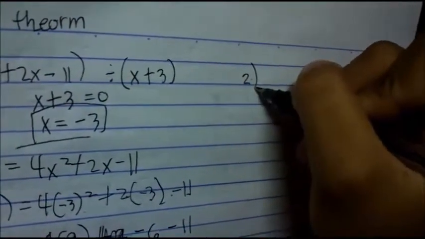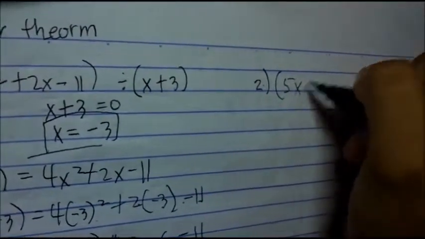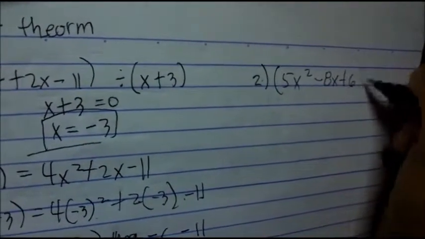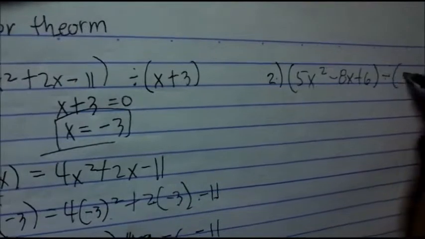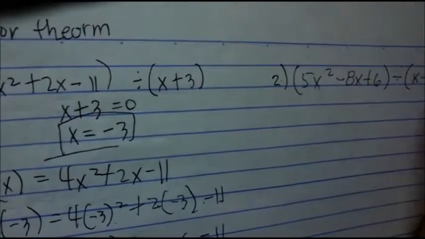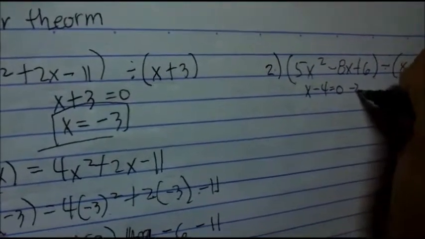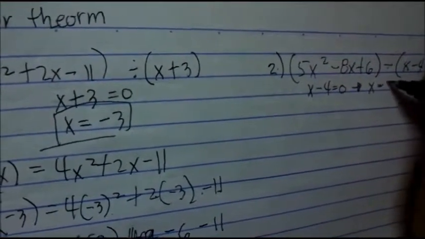Then, our second example is 5x squared minus 8x plus 6 divided by x minus 4. Then, x minus 4 is equal to 0. Then, x is equal to 4.